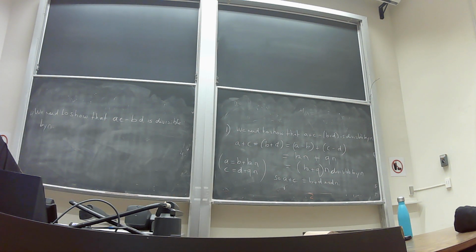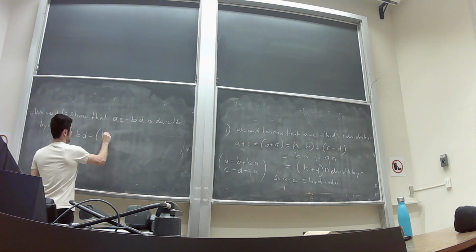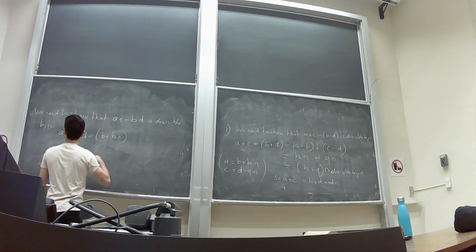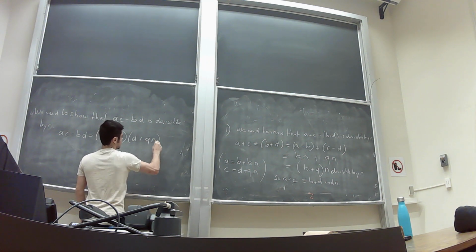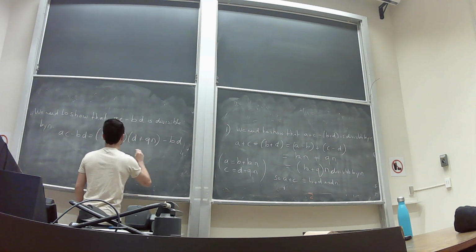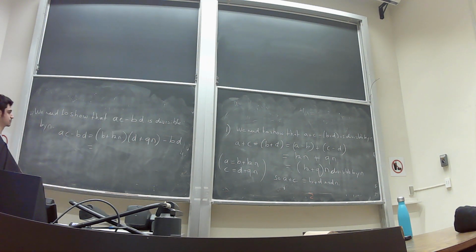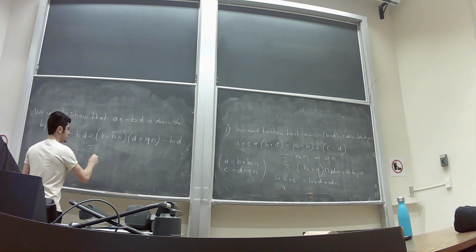Now let me replace these here. AC minus BD, what is that equal to? So A is B plus KN, C is D plus QN, minus BD. Great. Let me expand this.